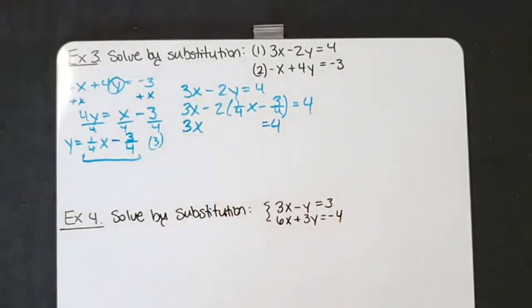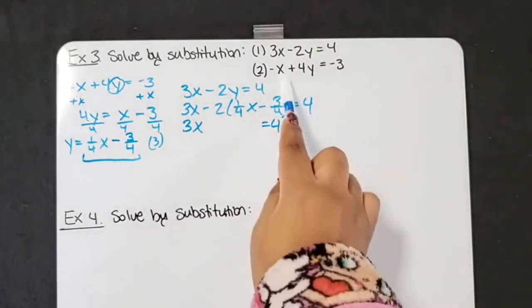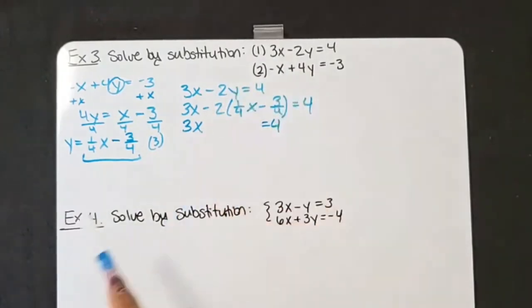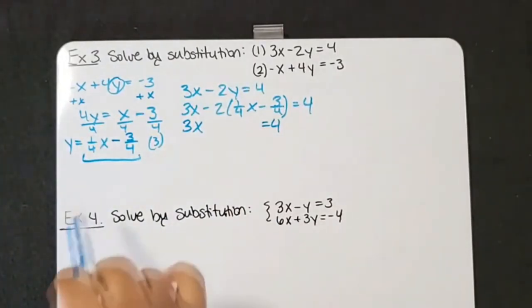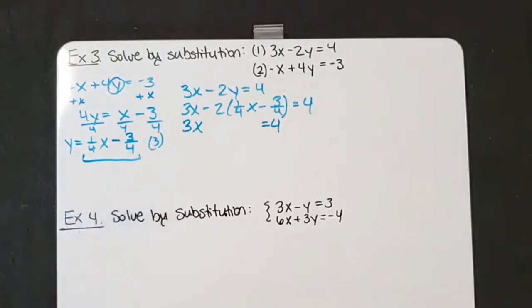Just a side note, if I was solving this problem, I would have solved for the x in equation 2. That's what I would have done, because I would not have these fractions to work with. That would have been my preference.